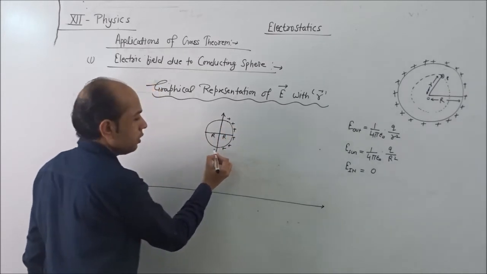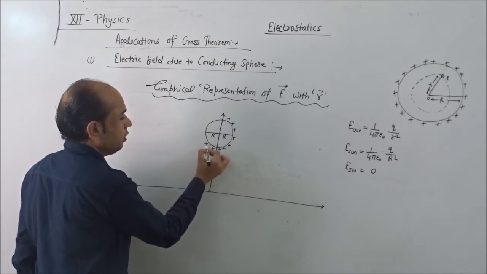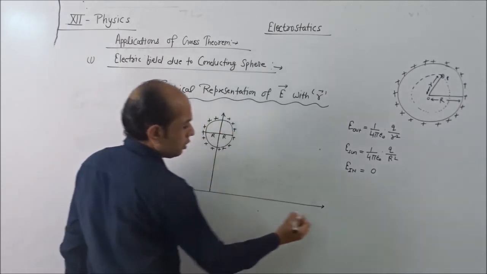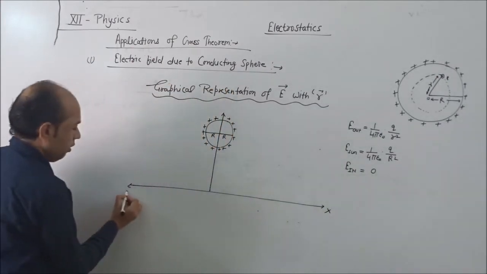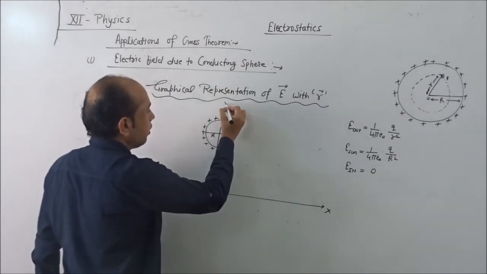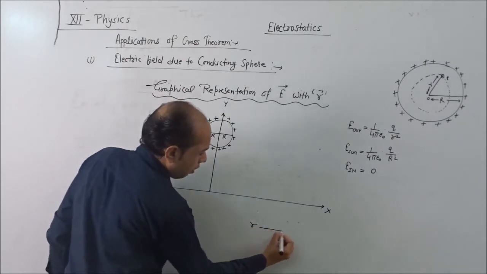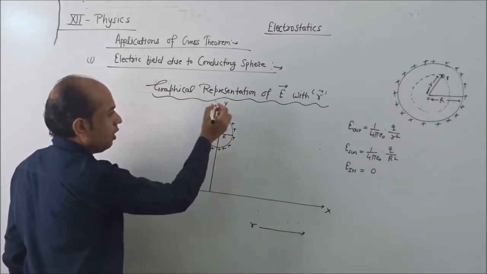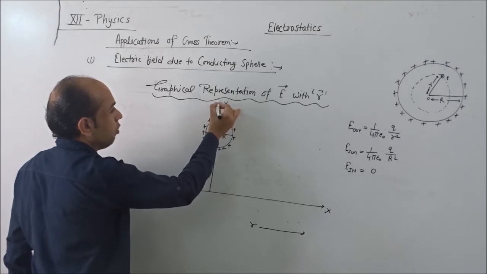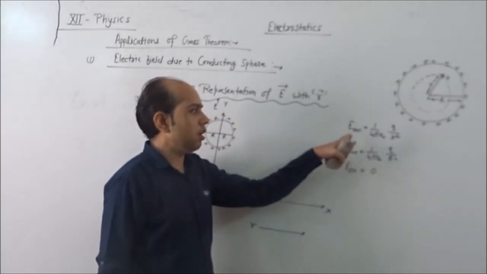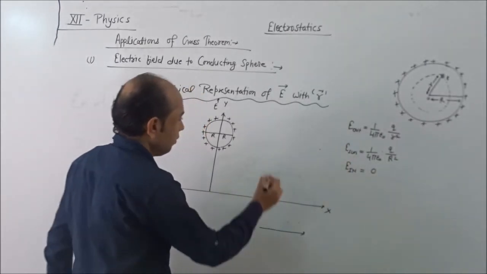Since the sphere is symmetric on both sides, we plot both axes x and x dash. Distance is taken along the x-axis while electric field is taken along the y-axis. We have three results: outside, surface and inside.